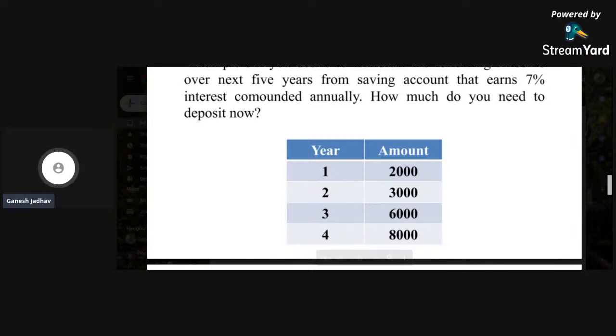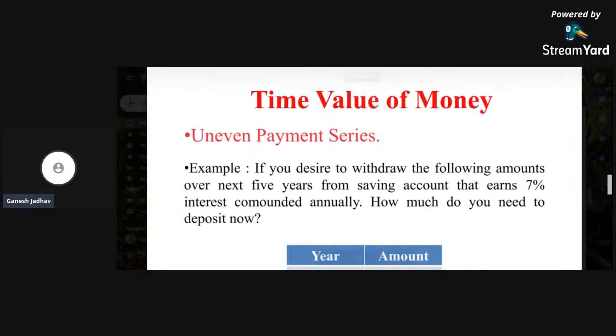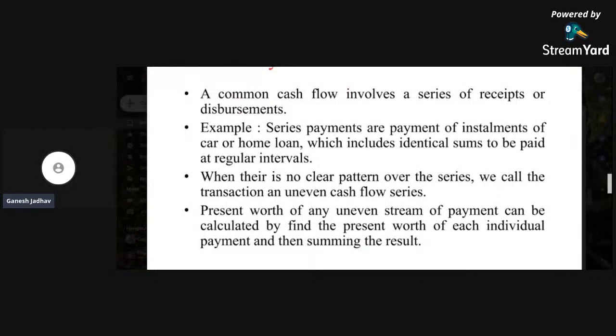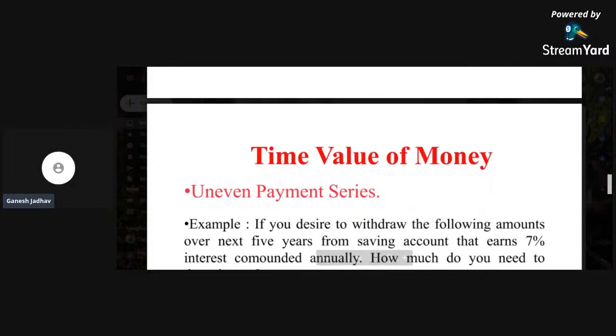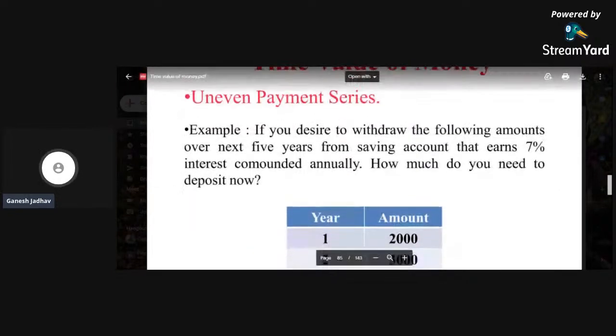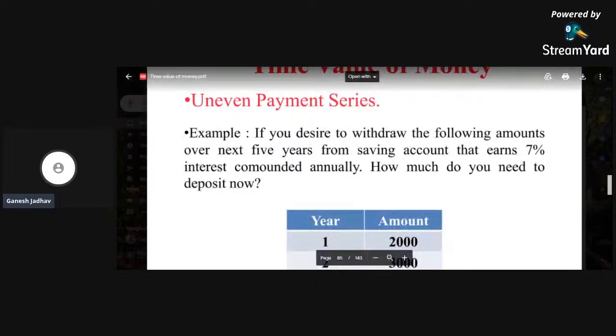2000, but there is no regularity. Here there is no regularity in the series of payments, so it is called an uneven payment series.